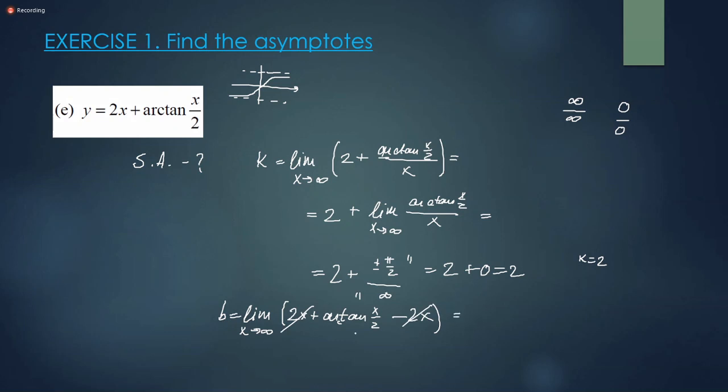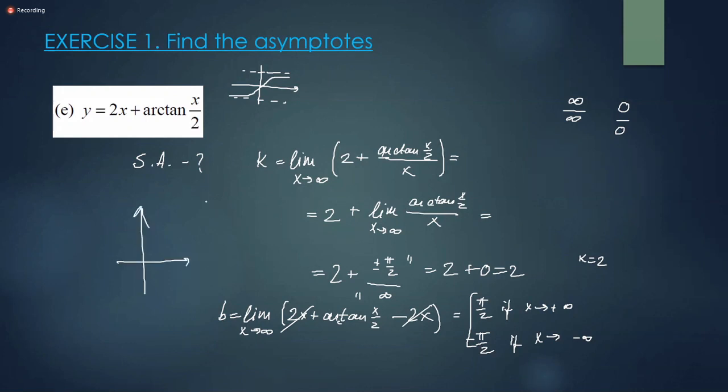When x tends to infinity, it is plus pi half if x tends to positive infinity, and minus pi half if x tends to negative infinity. So in principle, we have two slant asymptotes.